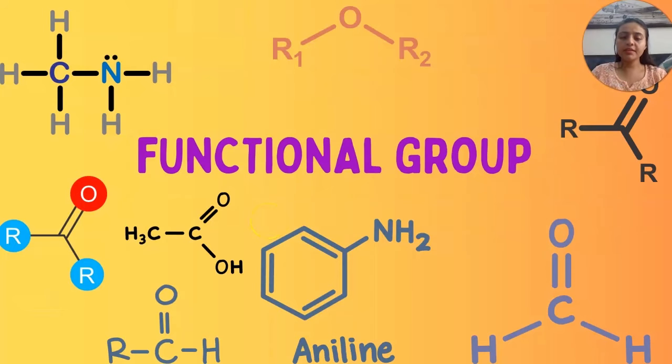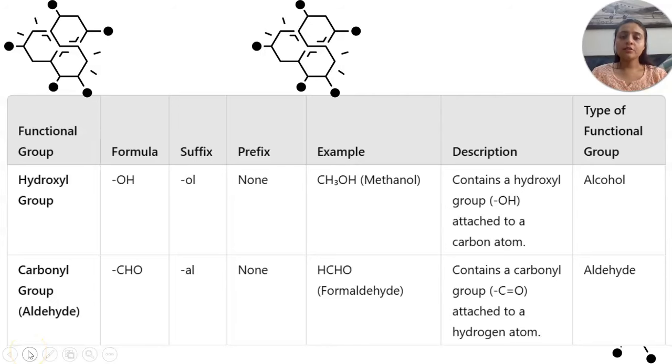Okay, so let us see how we can learn functional groups. Alright, we have a certain number of functional groups as discussed in CBSE and NCERT textbooks. Let's start. The first one is the hydroxyl group. Its formula looks like OH, and its suffix is ol. Prefix is none. For example, CH3OH: because there is only one carbon here, we will consider the prefix as meth, okay?